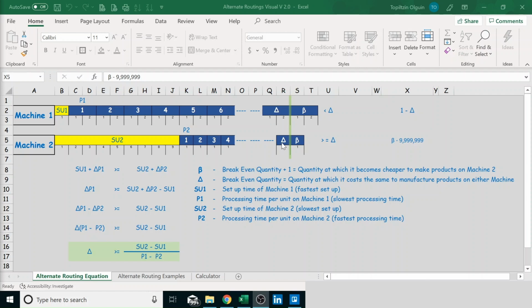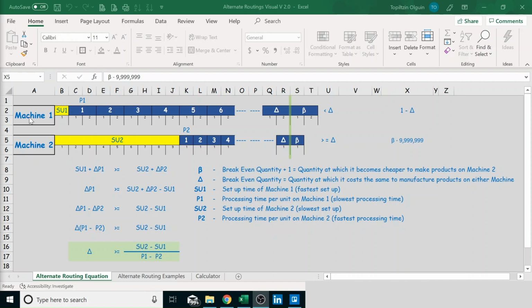That quantity we need to find out because when we find it, we can set up our ERP system, SAP for example, to have an alternate routing from one piece to delta pieces. If the PO calls from one piece to delta pieces, build on machine one.